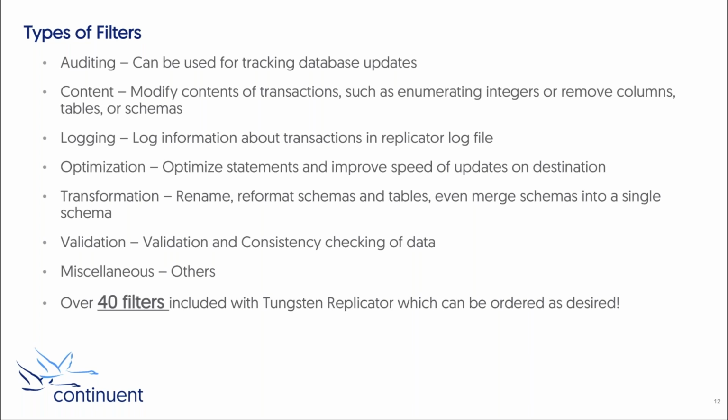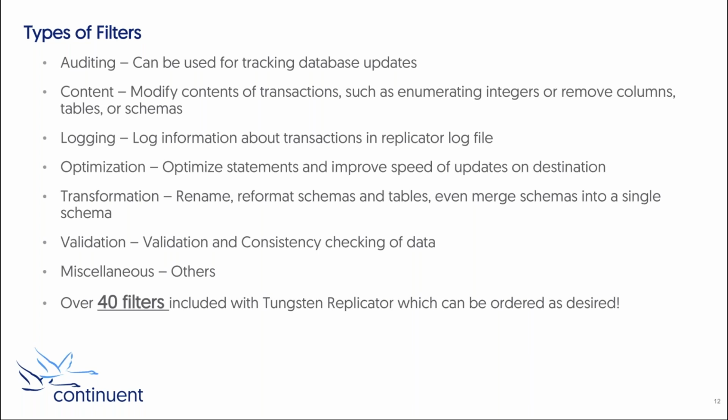So we have auditing filters. We can track changes to a table or a system, so you don't really have to roll your own auditing system. We can have content filters, where we actually modify the content or the data in a transaction.